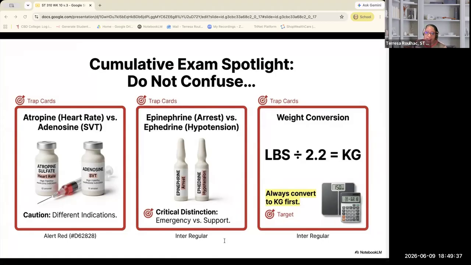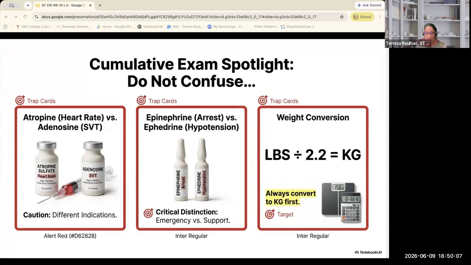Atropine versus adenosine. If the patient has a slow heart rate, think atropine. If the patient has, let's say, a supraventricular tachycardia or SVT, think adenosine. The key is recognizing whether the rhythm is too slow or too fast. Another trap, epinephrine versus ephedrine.